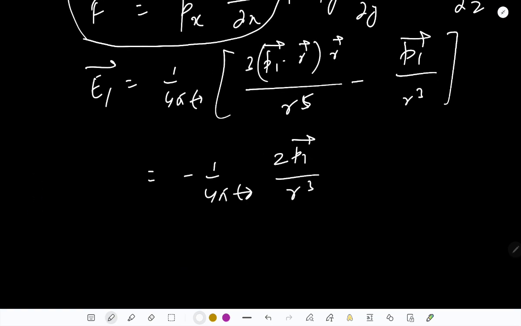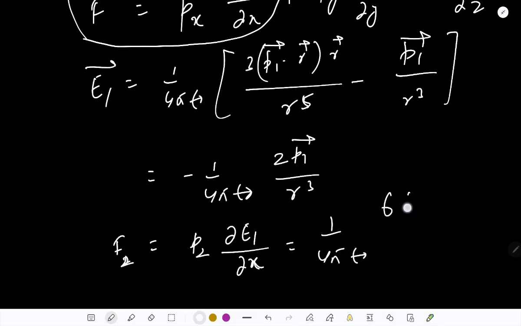We calculate the force acting on P2 as P2 del E1 upon del x, and this is basically the force acting on dipole moment P2 by P1, and you will get the result simply as 1 upon 4 pi epsilon naught times 6 P1 P2 divided by d raised to 4, and this is the result. Del E by del x is quite easy to calculate.